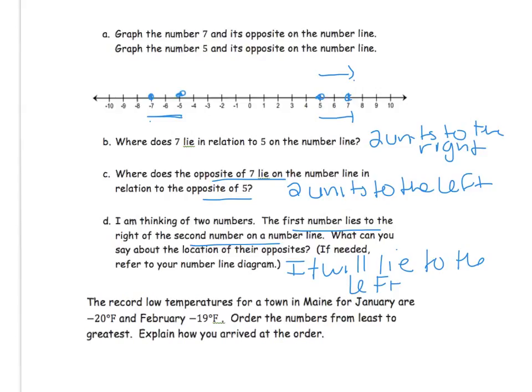So for example, if I'm thinking of two numbers, 1 and 3, let me change the color. I'm thinking 1 and 3. The first number lies to the right of the second number. Its opposites, now it's going to lie to the left.